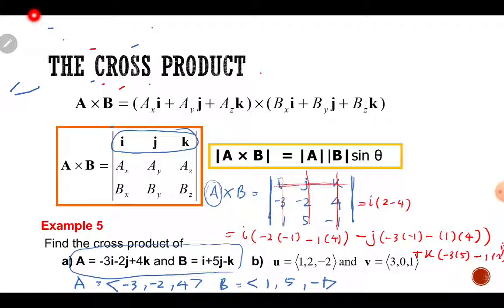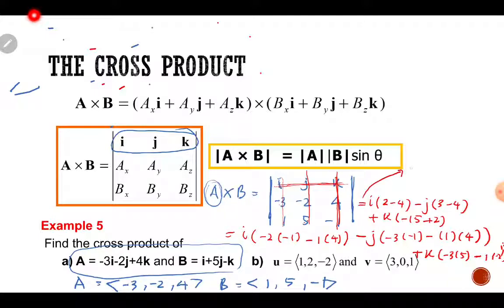Kan, negative 2 darab negative 1 is 2 tolak 4. Minus j, here negative 3 darab negative 1 is 3 tolak 4. Tambah dengan k is negative 15, negative 3 darab dengan 5, tolak 1 darab dengan negative 2. Tolak. So, jadi tambah 2.